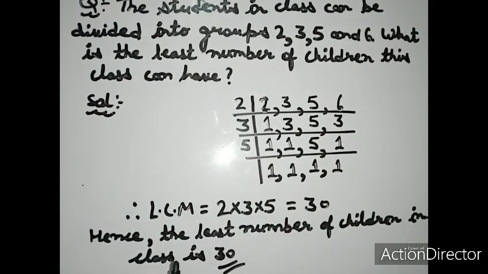So hence the least number of children in the class is 30 here. Okay, so students, you will follow the rules and find the LCM of the given numbers.